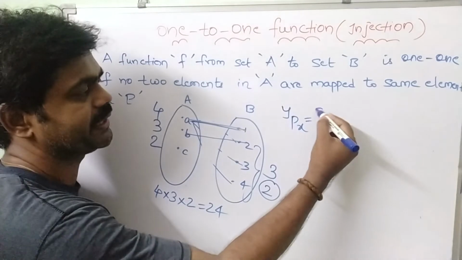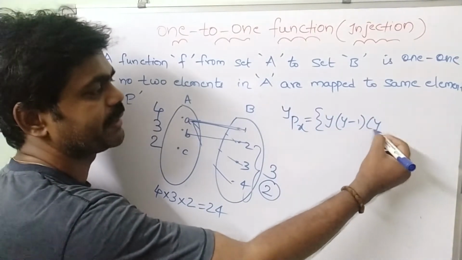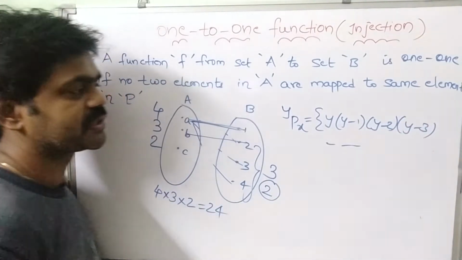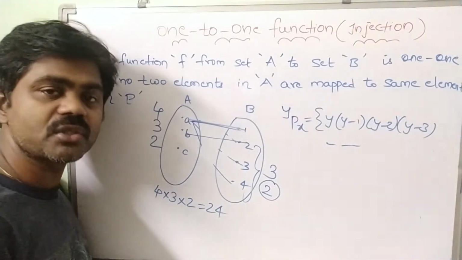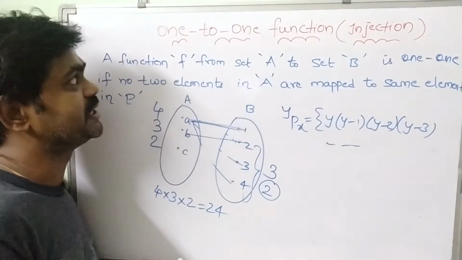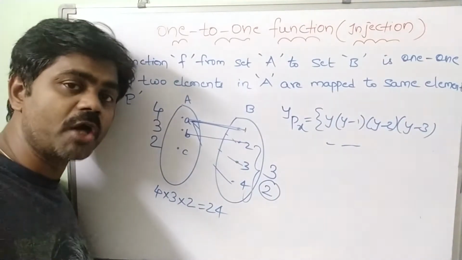The formula is YPX. Y and the choices can be Y minus 1, Y minus 2, Y minus 3, and so on. So this is the number of choices of how it is mapped with X. So this is all about one-to-one function. Next we will see what is onto function.